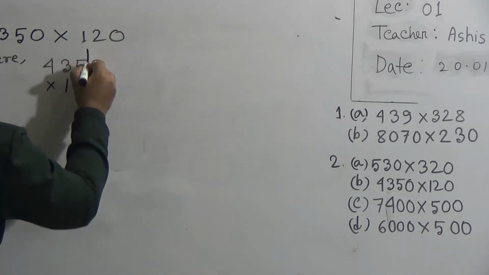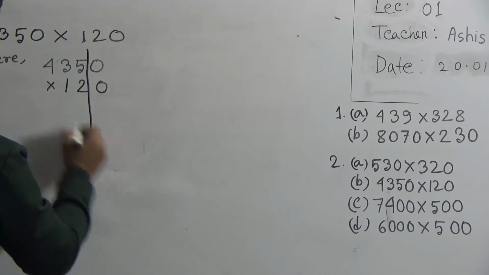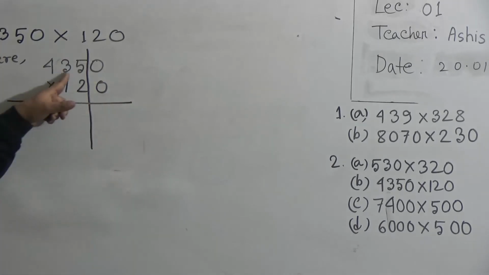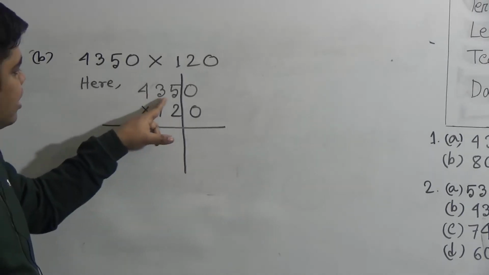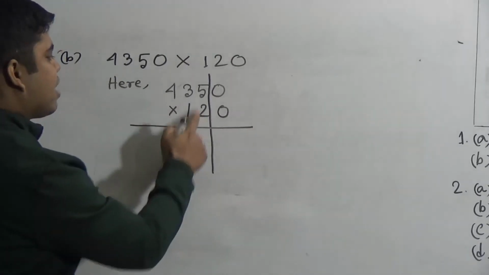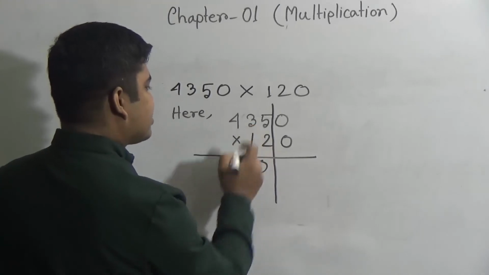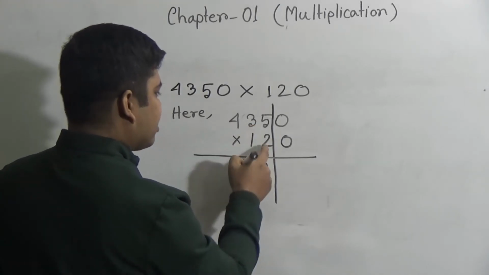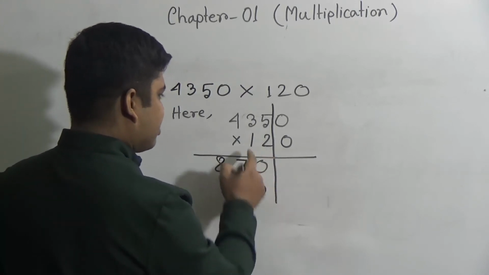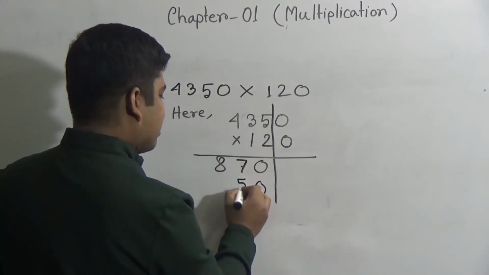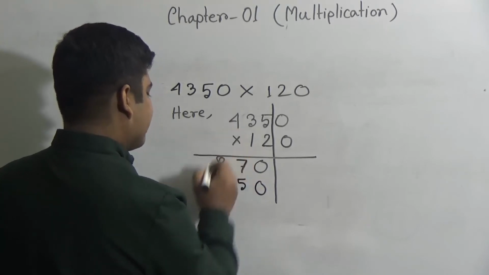First of all, we separate this 0. Okay? Then we multiply this 435 by 12. So first of all, we multiply this 435 by 2. So 5 2s are 10, 3 2s are 6, 1 7, 4 2s are 8. Okay. Ones place down 0. 5 1s are 5, 3 1s are 3 and 4 1s are 4.